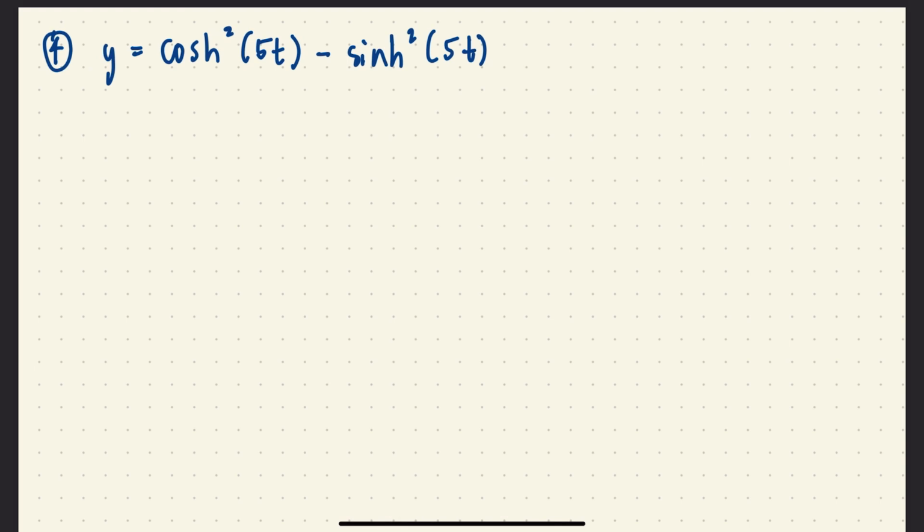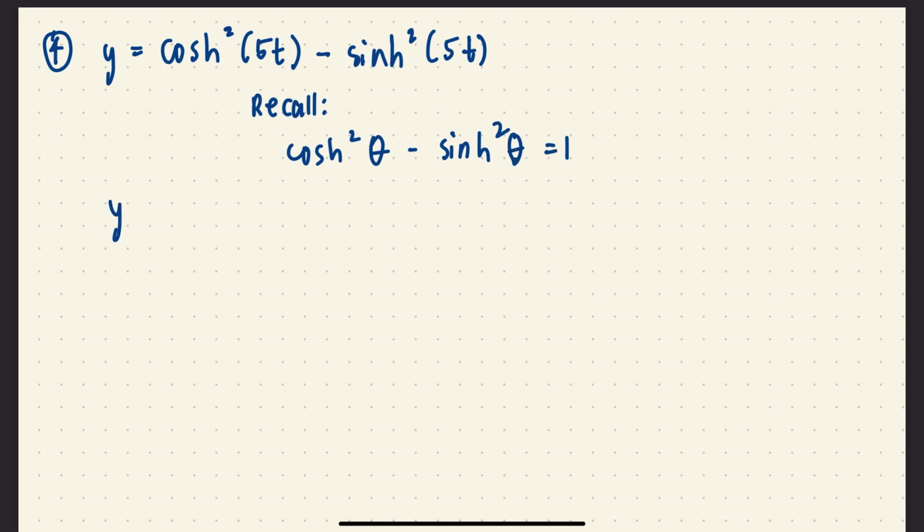Another example, we are asked to derive the function y is equal to the hyperbolic cosine of 5t squared minus the hyperbolic sine of 5t squared. We can derive it per term, but remember, we can recall that this is a hyperbolic identity wherein your hyperbolic cosine of theta squared minus the hyperbolic sine of theta squared is equal to 1.